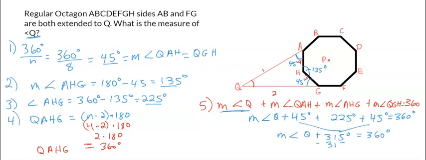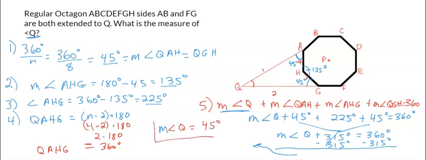I'm going to subtract 315 from both sides. And then you cross that out. And I'm going to bring that answer here. So the measure, I'll put that in red. The measure of angle Q, 360 minus 315 is 45 degrees. So the measure of angle Q here is 45 degrees.